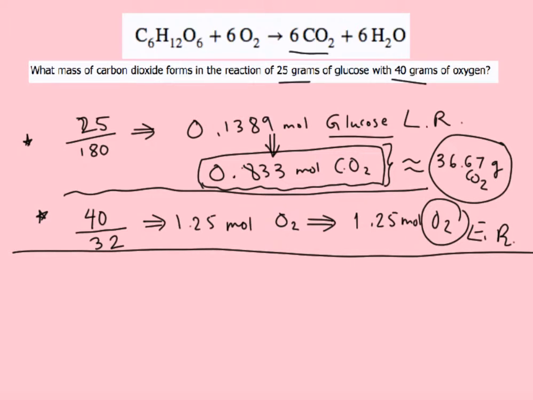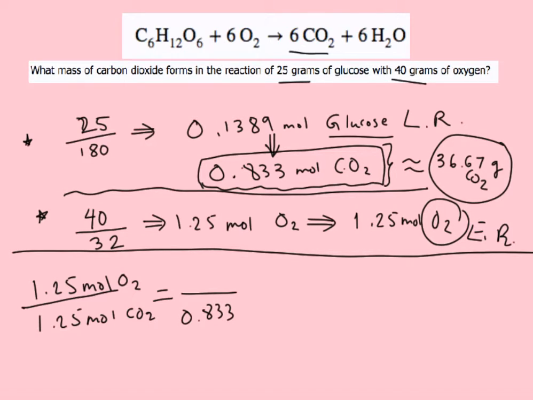If we were given 1.25 moles of oxygen, O2, and it formed 1.25 moles of CO2, then that would be equal to how many moles of O2 were needed to make 0.833. Since you see here a 1-to-1 ratio, that means 0.833 moles of O2 were needed to complete this reaction given the limiting reagent.